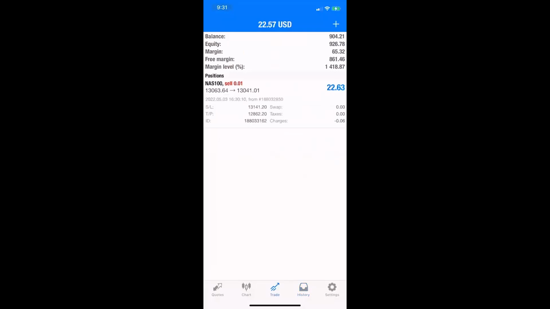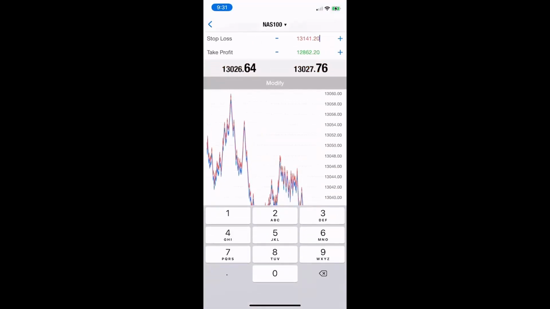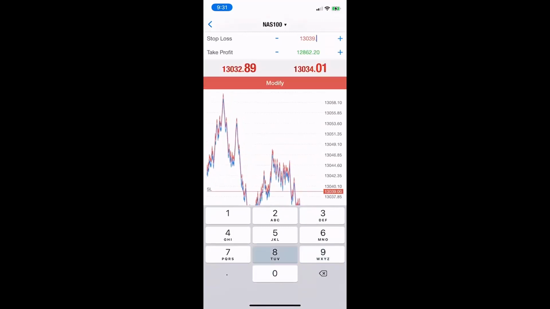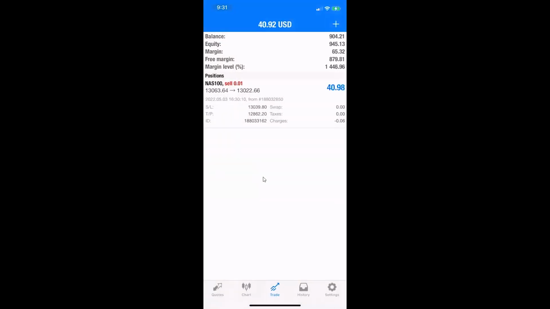Let me see where I'm at. So I'm going to trail my stop loss. Hold on. Modify. So now I'm going to let my second partial trade run, and I'm going to let it keep on going until it stops me out.